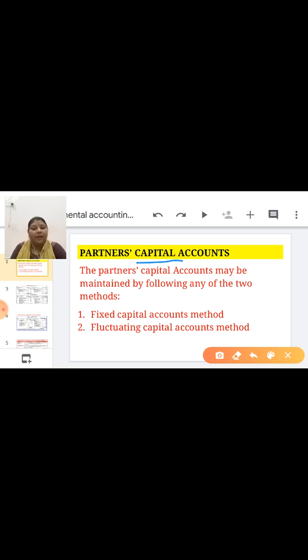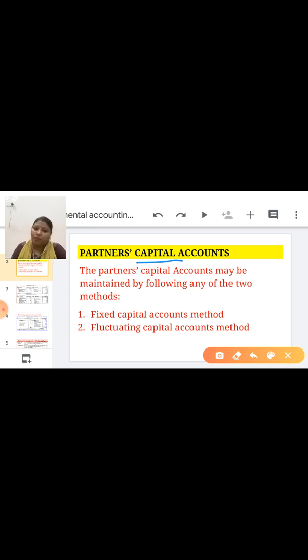Now capital account ledger you have maintained in 11th standard, so you already know the format of capital account. But in 12th standard in partnership you have to maintain the capital account with amount column of each partner.